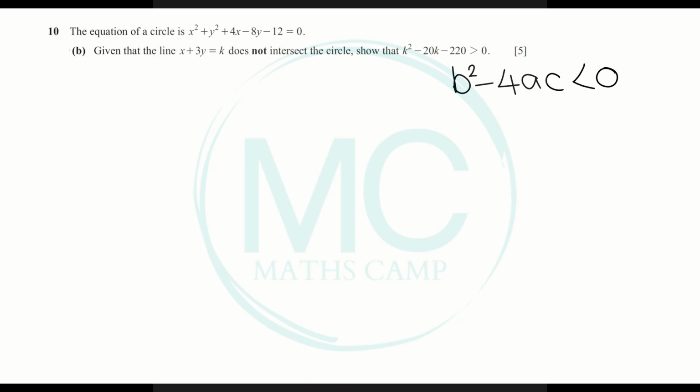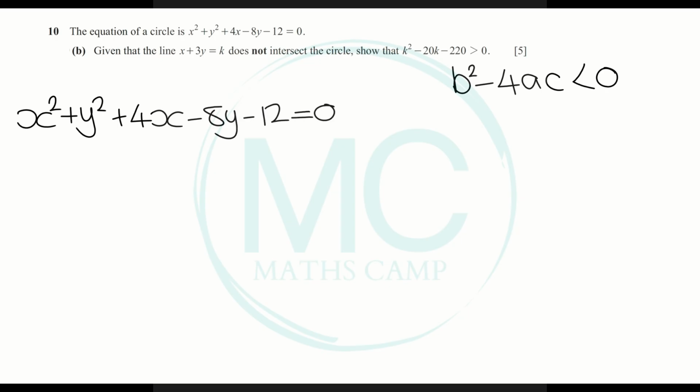So let's start with the equation of the circle. x squared plus y squared plus 4x minus 8y minus 12 is equal to 0. And the equation for the line, x plus 3y is equal to k.